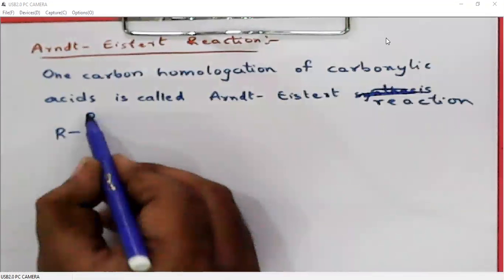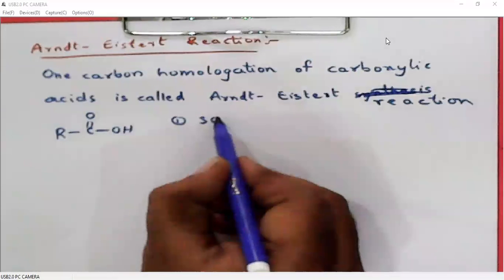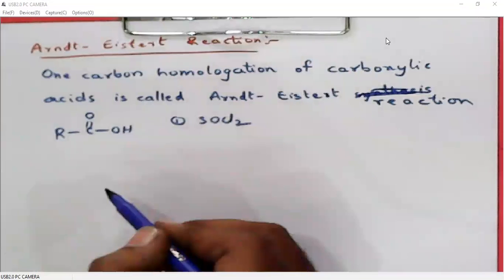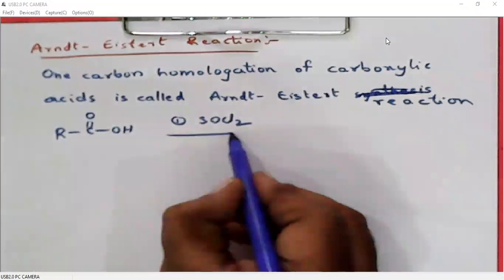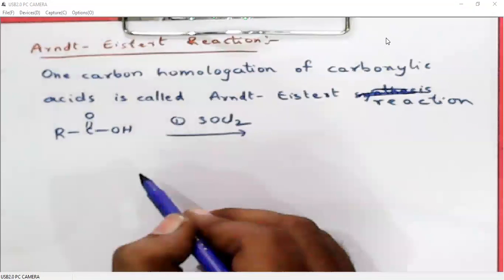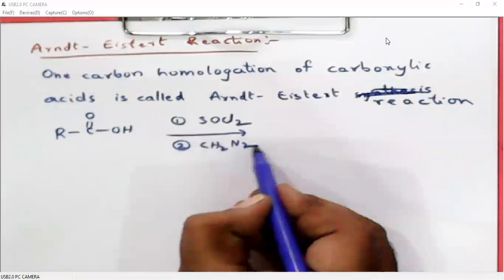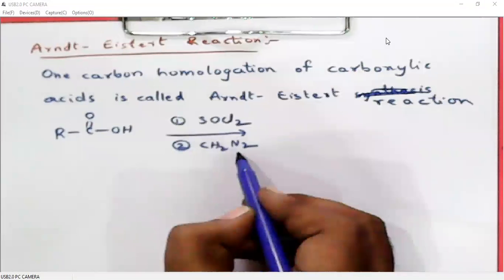The carboxylic acid is treated with thionyl chloride to convert the carboxylic acid to acid chloride. Then it is treated with diazomethane to generate the alpha diazoketone.